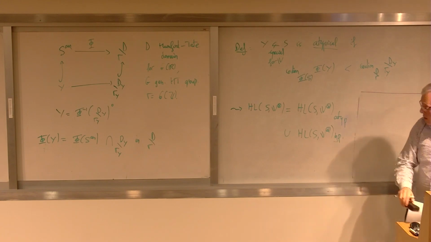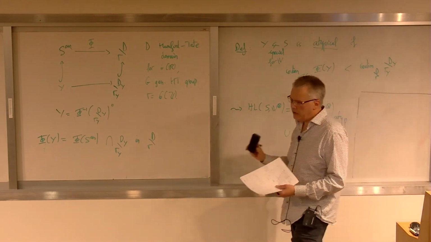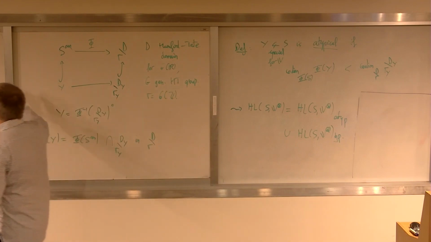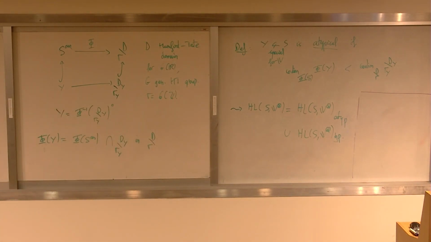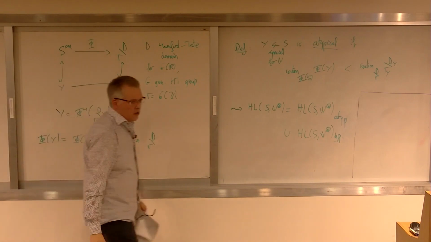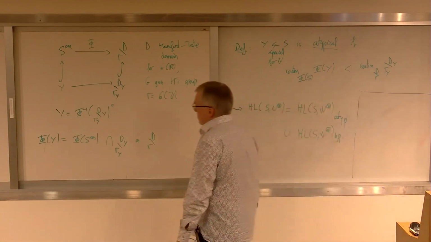Now, the idea is that things which are atypical are rare. And so, this is the Zilber-Pink conjecture in that setting. So the general heuristic of this kind of problem is the following.